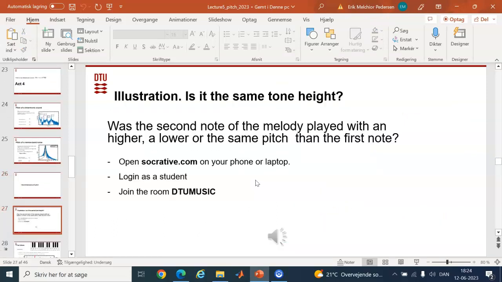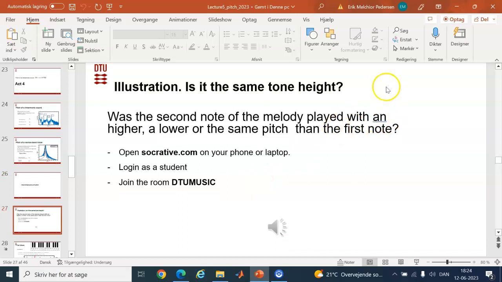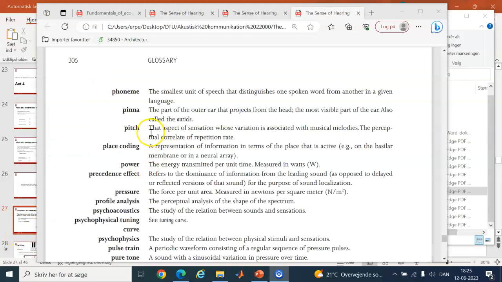The dimensions of pitch. Illustration: is it the same tone height? Was the second note of the melody played with a higher, a lower, or the same pitch than the first note? So the definition of pitch is the following.